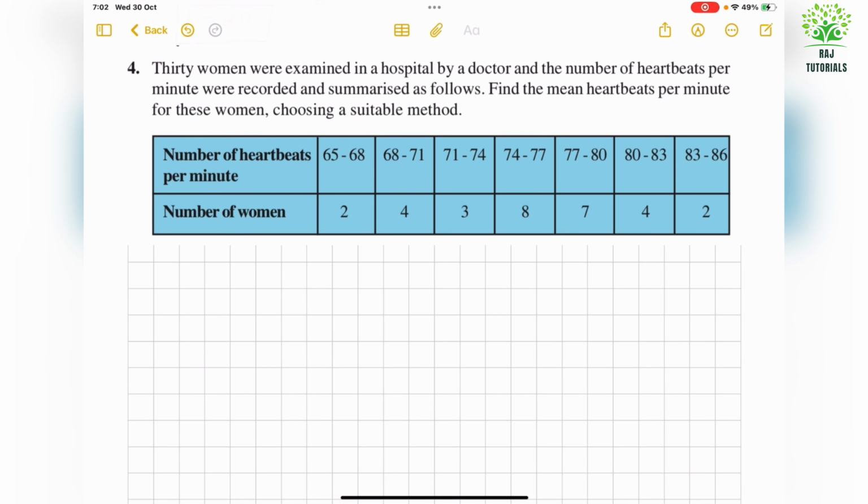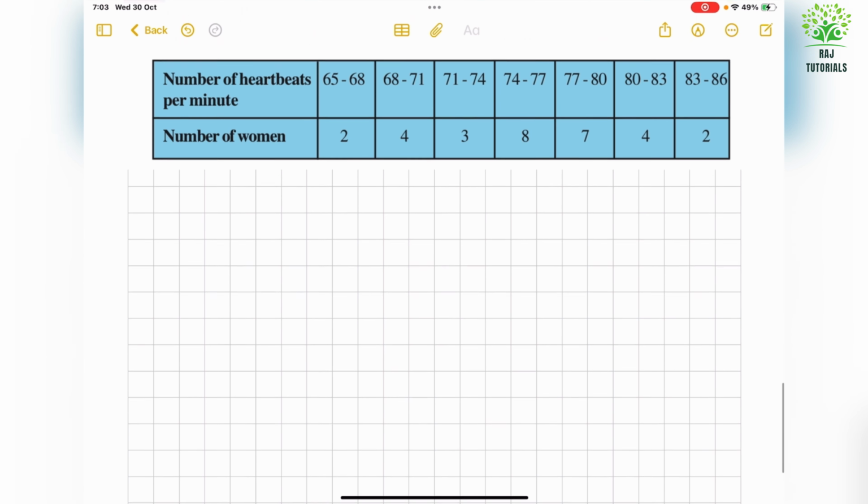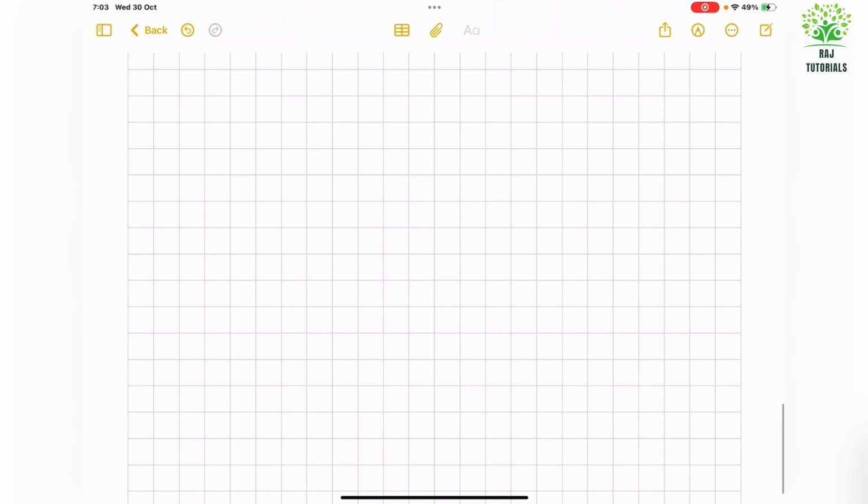The fourth question says 30 women were examined in a hospital by a doctor and the number of heartbeats per minute were recorded and summarized as follows. Find the mean heartbeat per minute for these women choosing a suitable method. So here also I will prefer the step deviation method only because it will be easy for me.